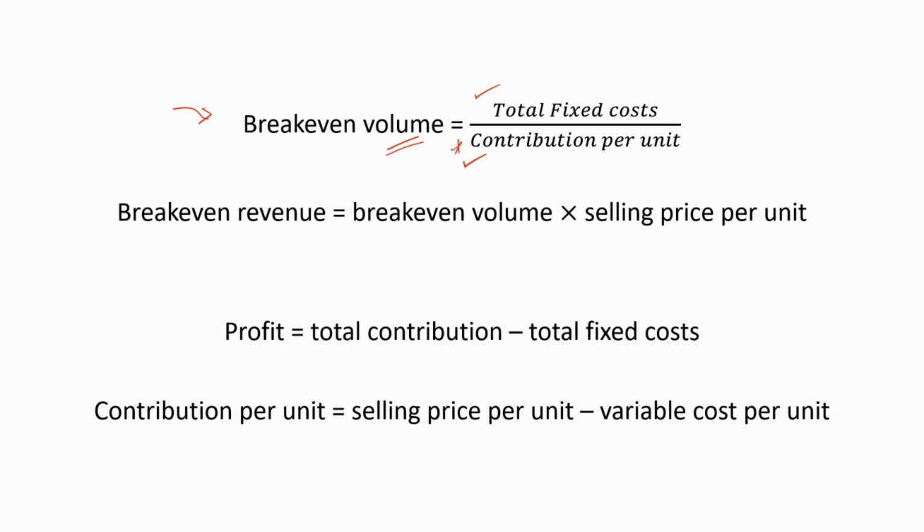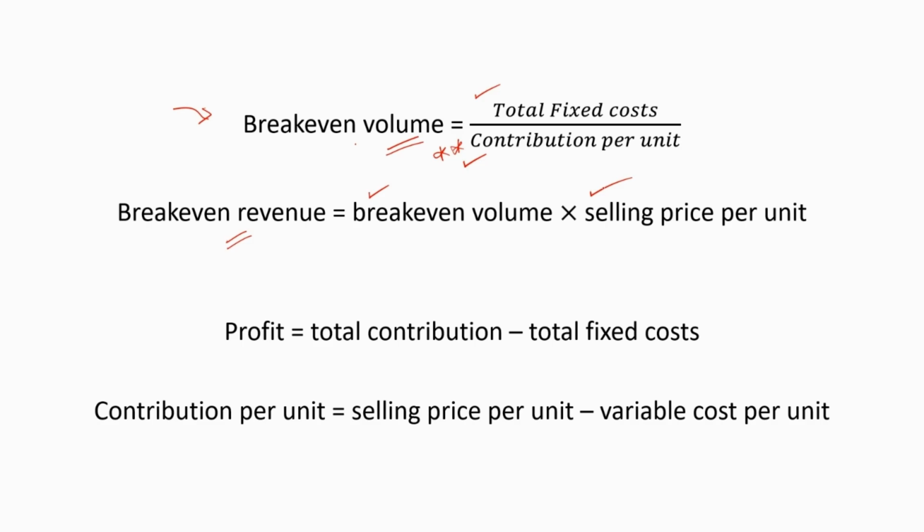This is very important. You need to take the contribution per unit, not the total contribution. After calculating the break-even volume, we can calculate the break-even revenue. Break-even revenue is equal to break-even volume multiplied by the selling price per unit.